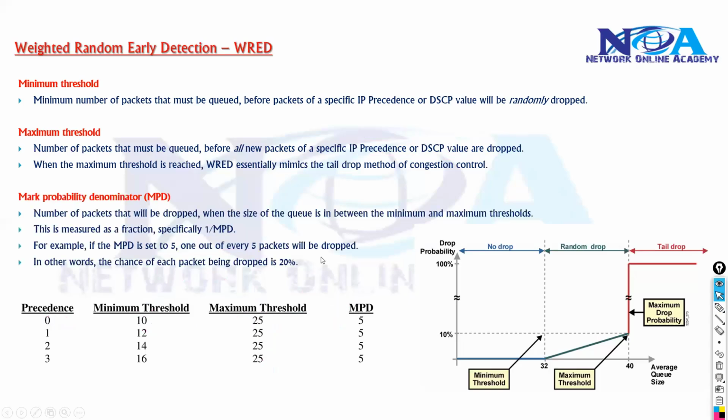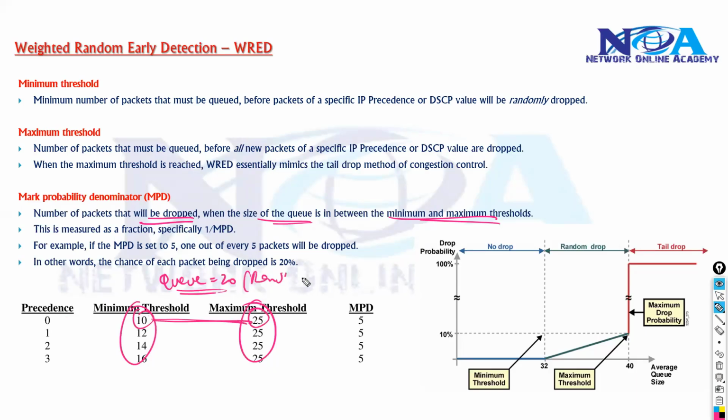There is one more value here, called the mark probability denominator. This value tells the number of packets that will be dropped when the size of the queue is in between this range. Let's say the queue size is 20, which is between 10 and 25, so it's going to do random drop. But how many packets is it going to drop? That is decided based on the MPD value.